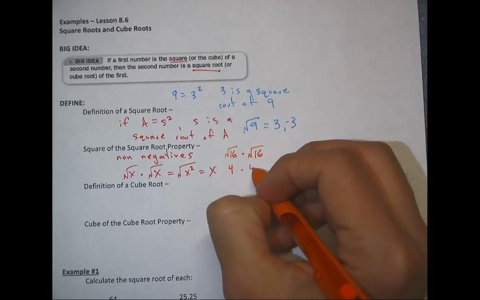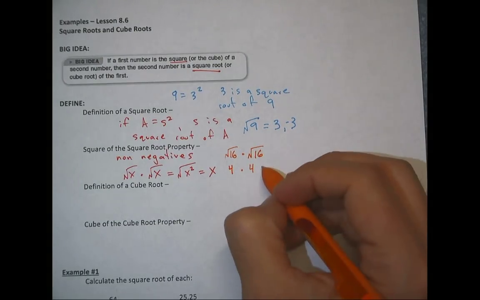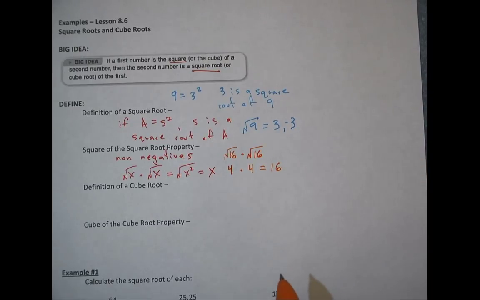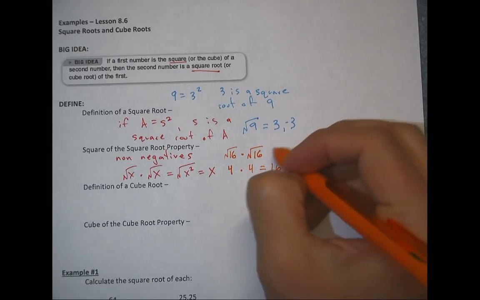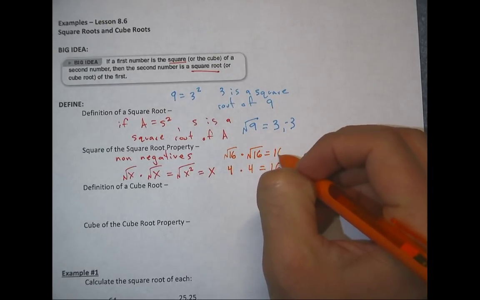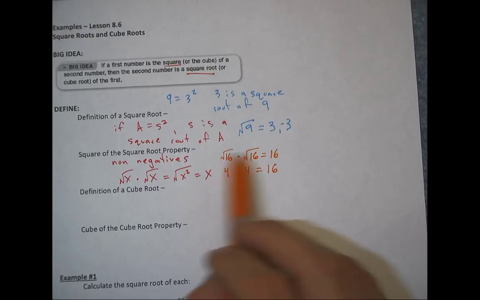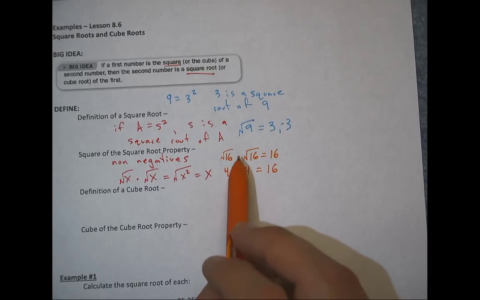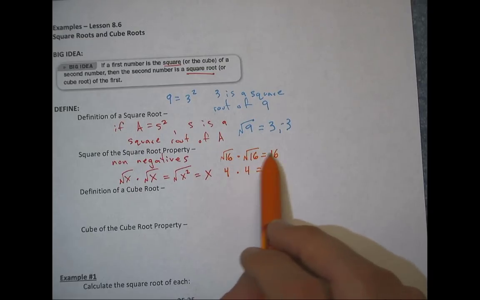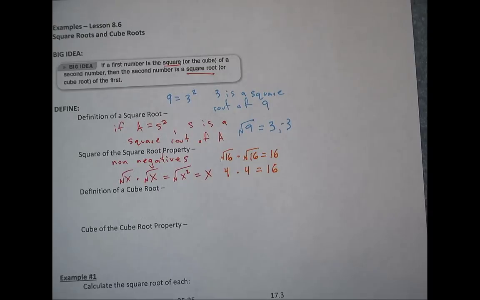Times the other square root of 16, which is 4 again. My answer is going to be 16, 4 times 4. So this property says that if I take the square root of 16 times the square root of 16, I actually just get 16. So we can skip this step and say, if I'm multiplying a square root times itself, I just end up with the number that was on the inside.